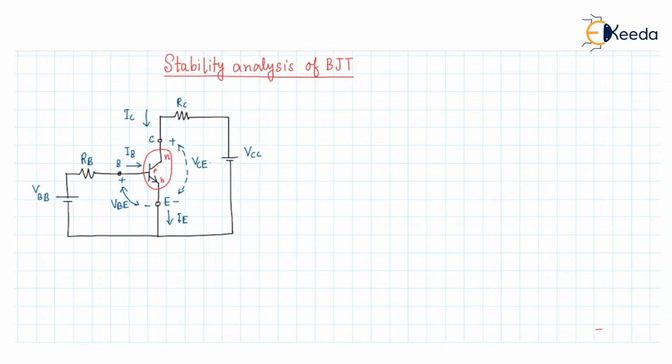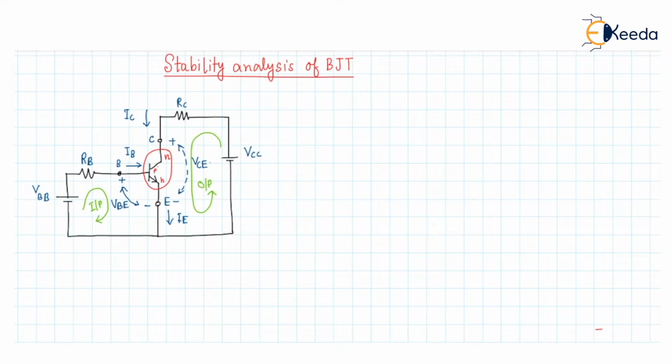So from this circuit we can say that this will be our input circuit, and this one will be the output circuit. Right now the transistor has been connected in this format.